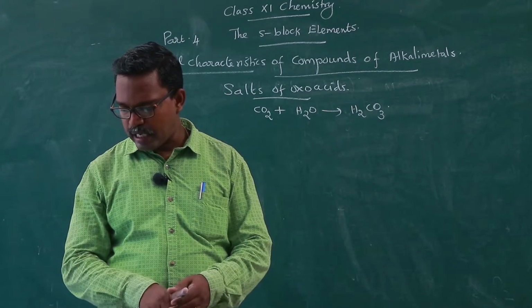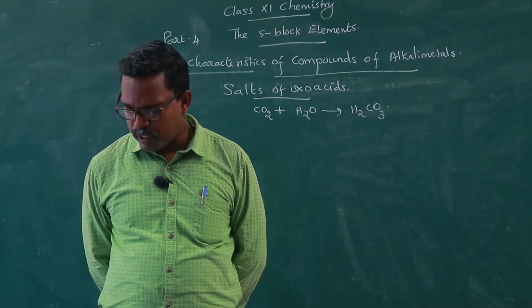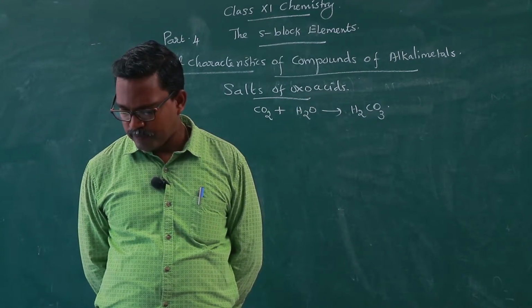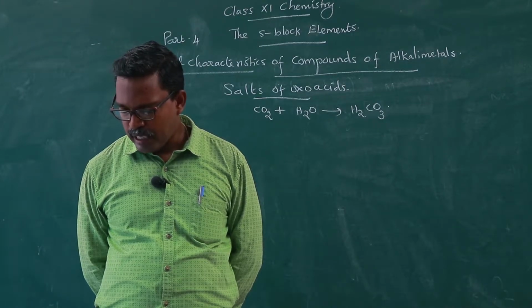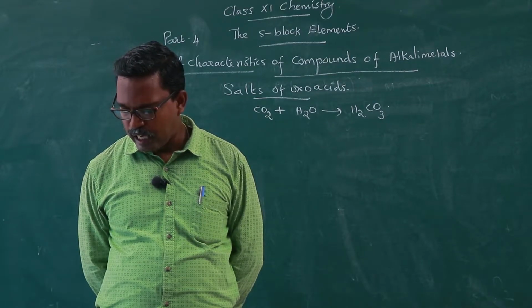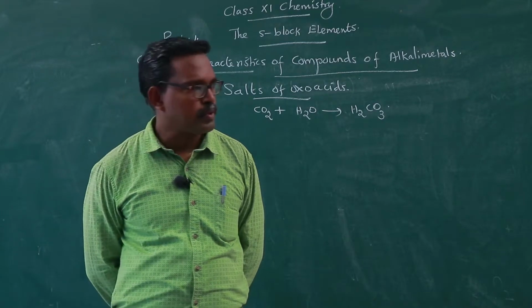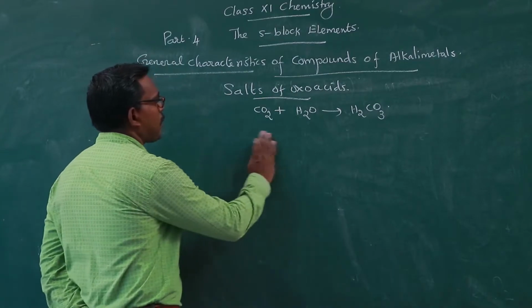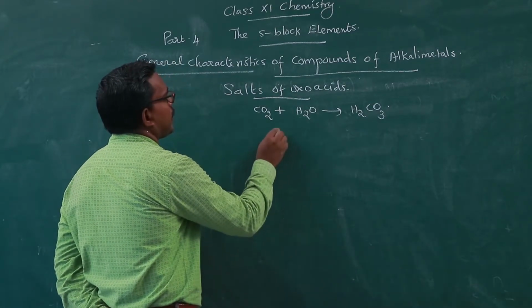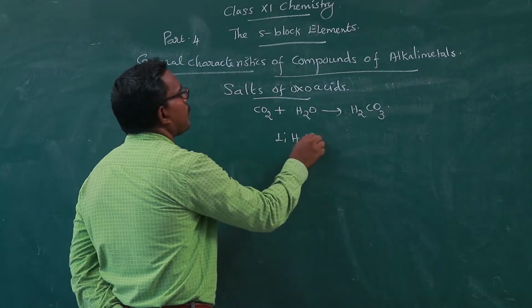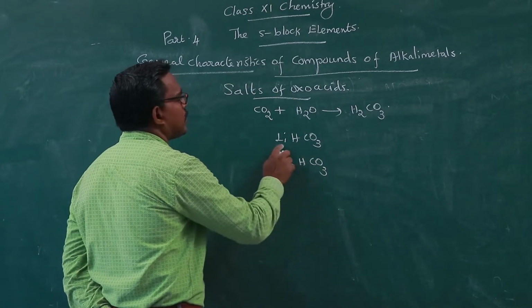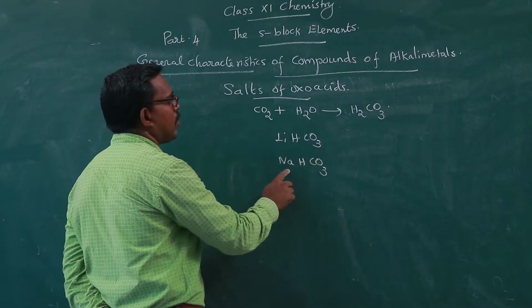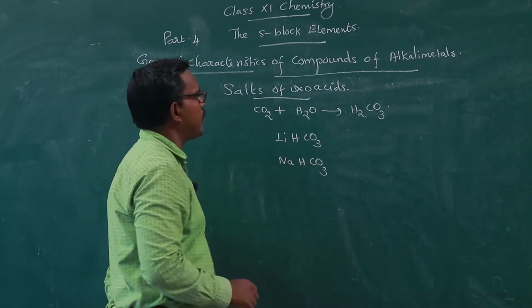The alkali metals form salts with all the oxo acids. They are generally soluble in water and thermally stable. Their carbonates exist in most cases as hydrogen carbonates, that is bicarbonates: lithium hydrogen carbonate or sodium hydrogen carbonate.